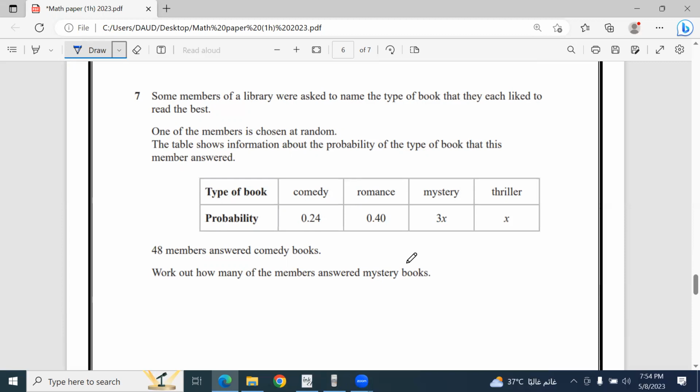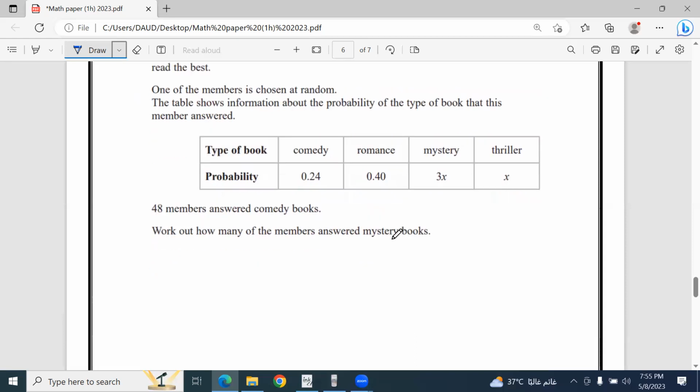Type of book: comedy, romance, mystery, thriller, and the probability for all these books, how much they read, they mention. But they mention for mystery and thriller 3x and x. We know that the range of probability is 1. Okay, first of all, we will try to find out the value of x, which will help us.